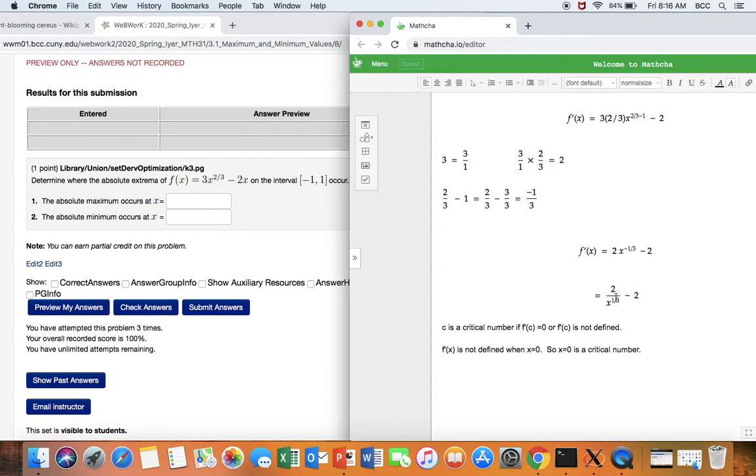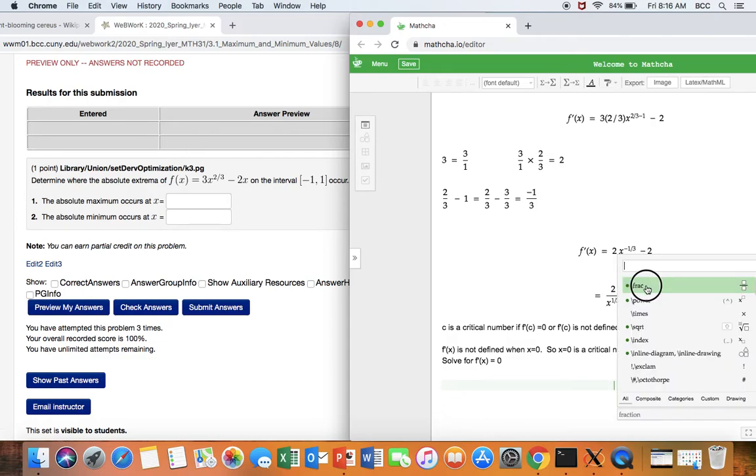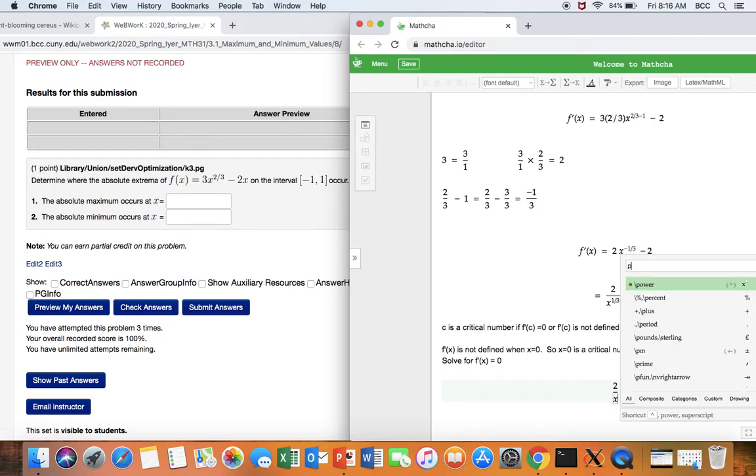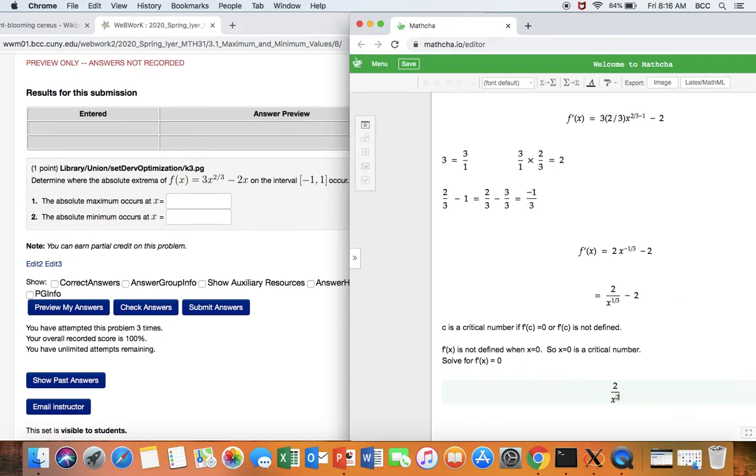Now the other issue is this quantity. So you want to solve for f prime x equals 0. So let's do some calculations. You have derivative to be 0. So you want this fraction 2 over x to the power 1/3, all of this minus 2, to be 0.